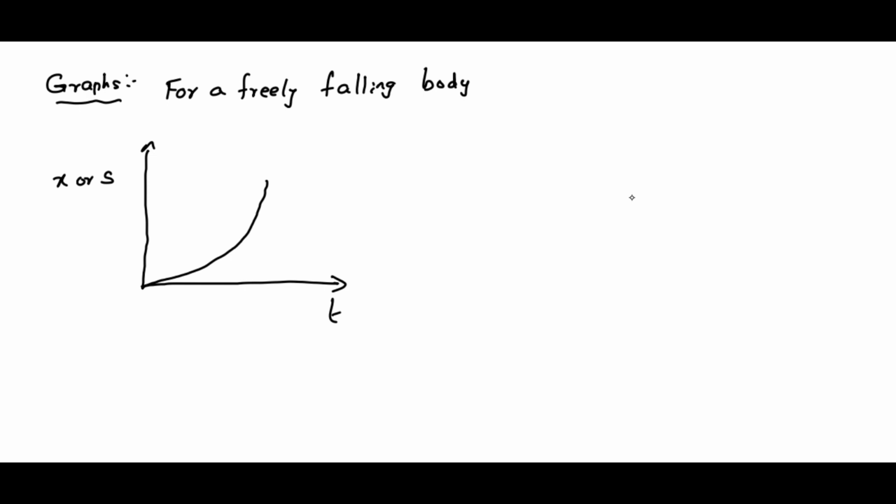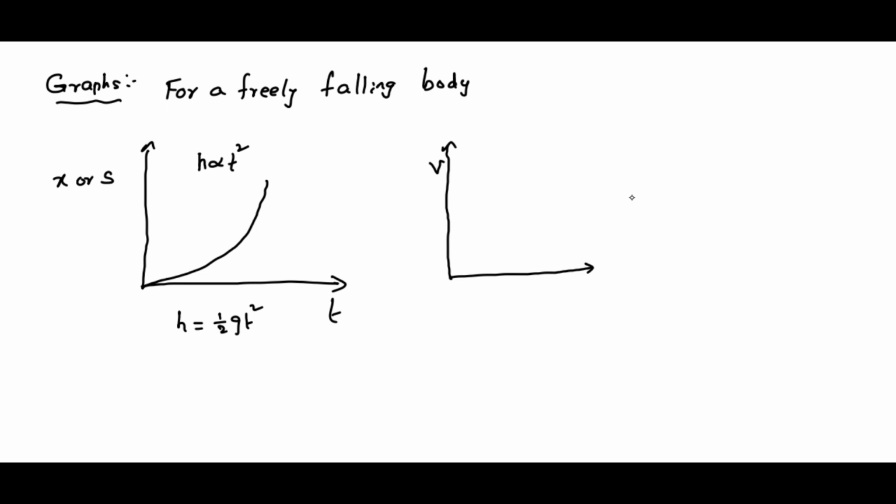Here h is half g t square. So h or s is directly proportional to t square. In case of freely falling body, h is half g t square, g is constant, h is proportional to t square. So the graph will come like this.